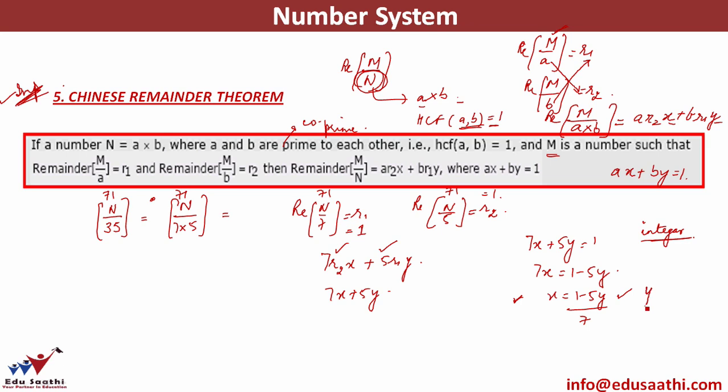For example, if I put y equal to minus 4, 5 into 4 is 20, it will be plus 1, 21, and x will come out to give you a value of 3. So I'll put 7 into 3 plus 5 into minus 4, 21 minus 20, my final answer is 1 that I have in this case.